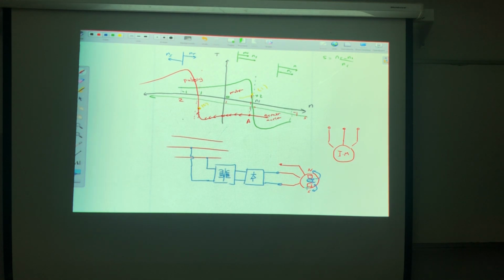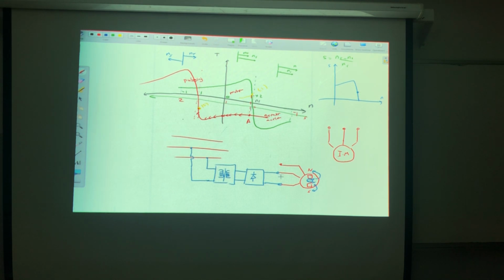Now let's assume that this is the torque-speed characteristic. And I'm working here.